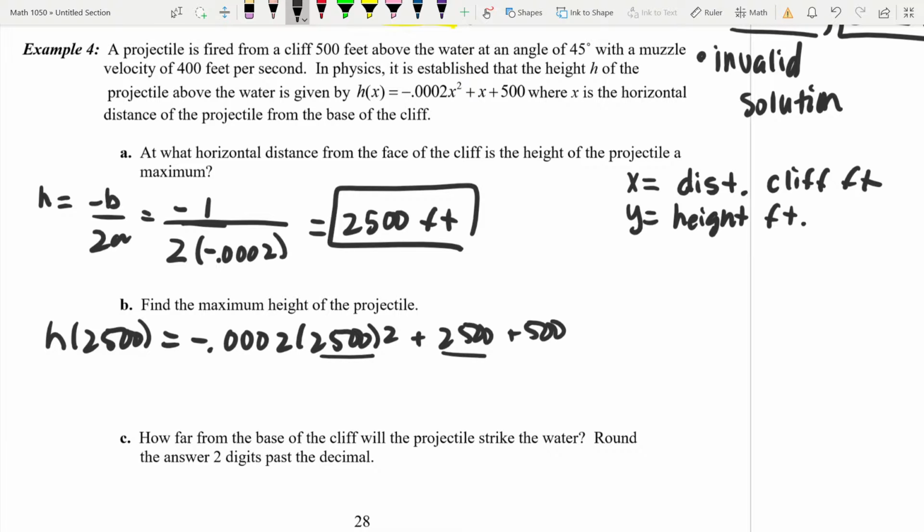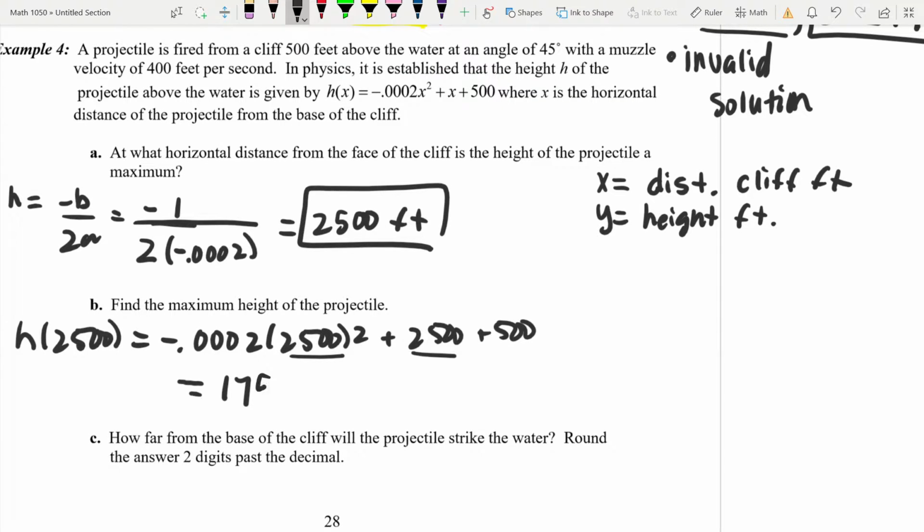Or you can put it in how you see it, whatever you want. So everybody go negative 0.0002 parenthesis, 2,500, close it off, x squared, plus 2,500 plus 500, hit enter, and your answer is 1,750 feet, and we're done.